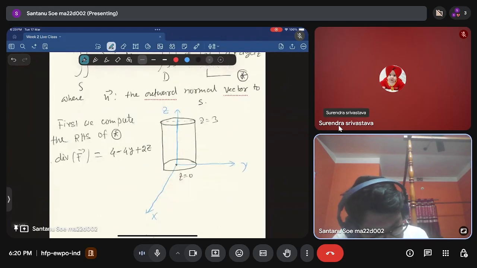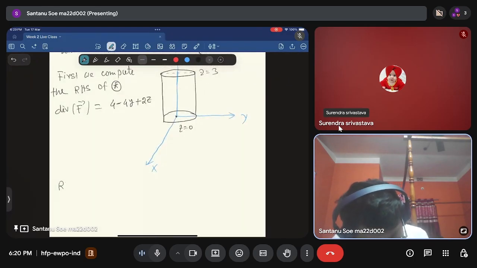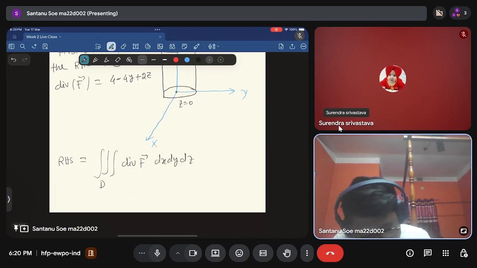Correct. So this is our divergence of F, and we need this region D. So this RHS will be the integration over D of divergence of F dx dy dz.